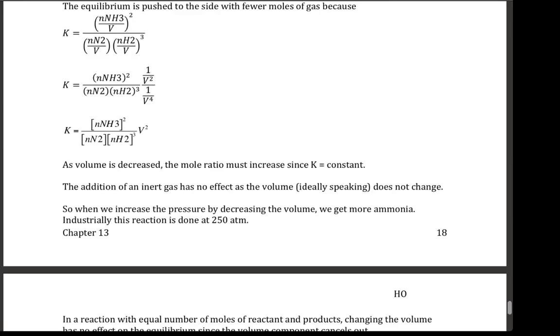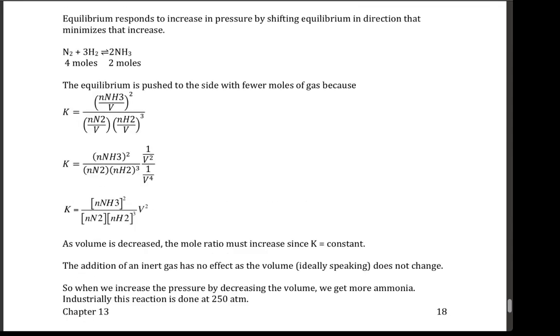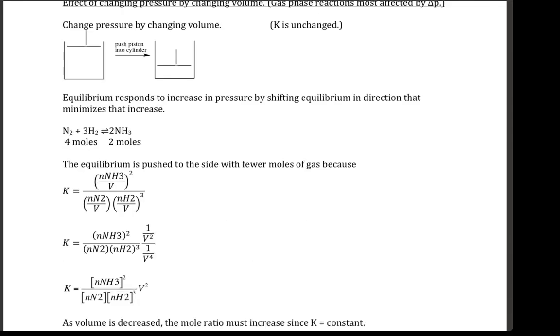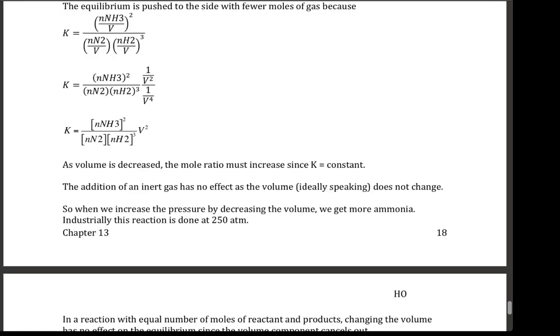So basically, look at the reaction that you're given. If the volume is decreased, the pressure is increased, it will go to the side with the fewer moles. If the volume is increased, therefore the pressure is decreased, it's going to go to the side with more moles. And all that's in an effort, Le Chatelier's principle tells us so, of the system to minimize that change.